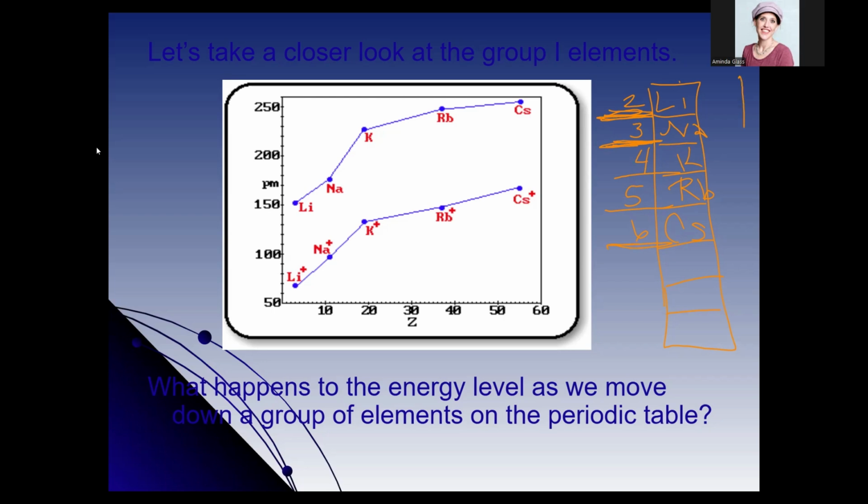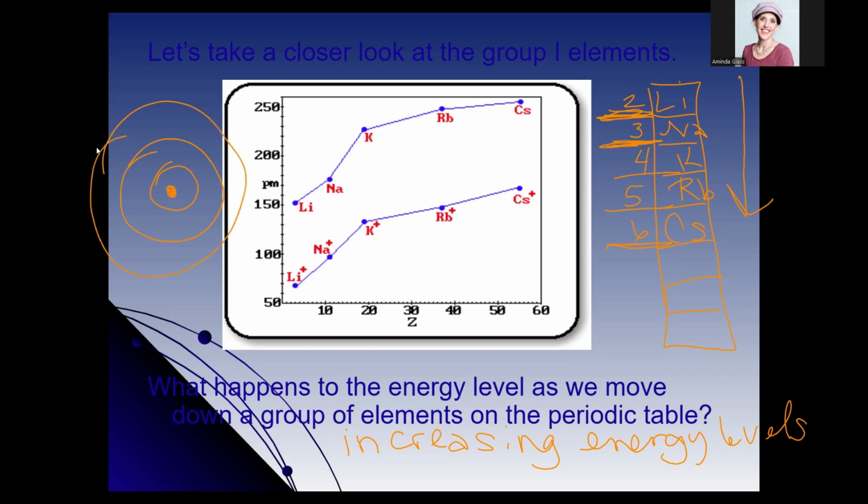So as we go down a group, we are increasing energy levels. So if we're increasing energy levels, what happens to the size? Because here, let's look at this. This is our nucleus. We have 1 energy level. We have 2 energy levels. We have 3 energy levels.